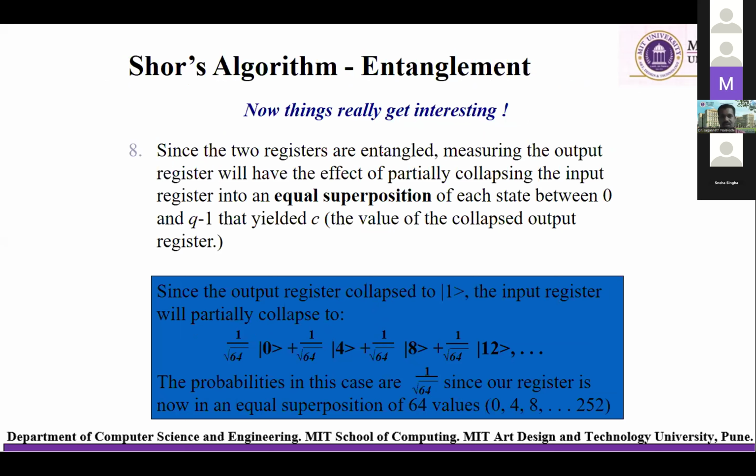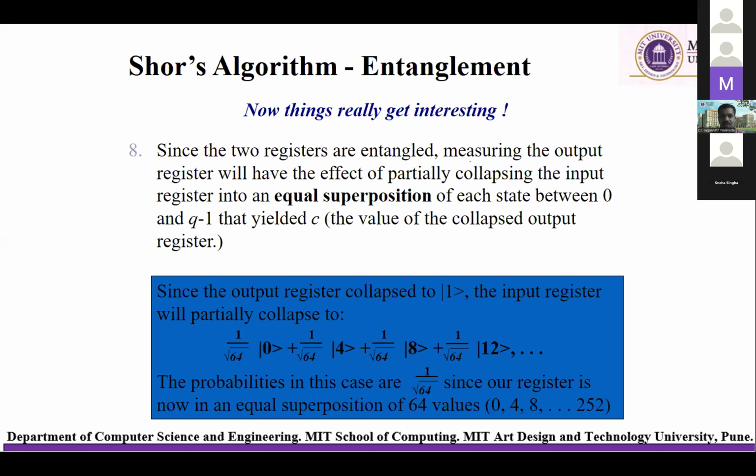Since the two registers are entangled, measuring the output register will have the effect of partially collapsing the input register into an equal superposition. Once one register collapses, it creates an effect on the second register.